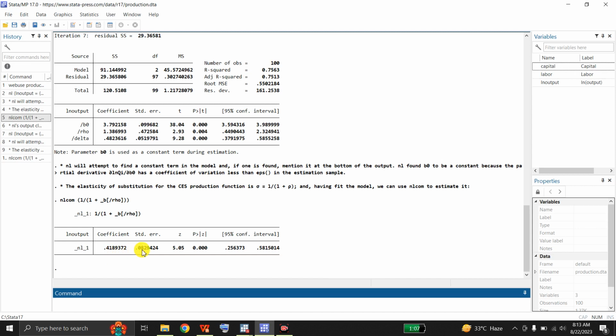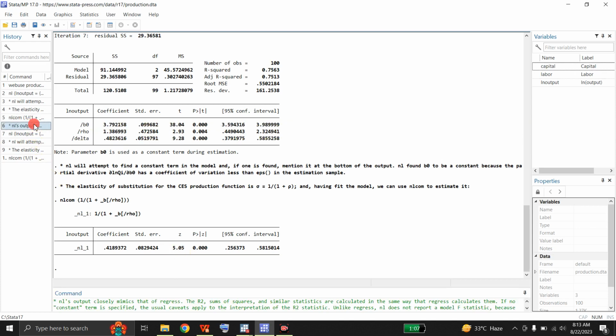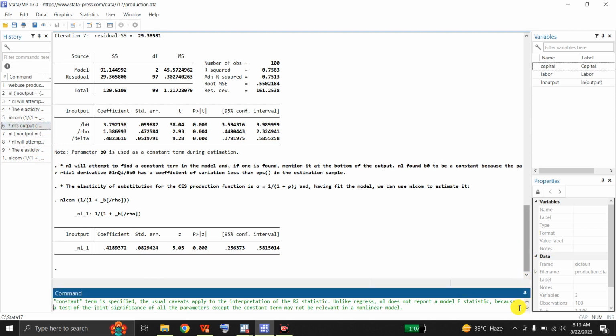This is its standard error, this is its z value, and this is the probability value. Since this is less than 0.05, this coefficient is highly statistically significant.